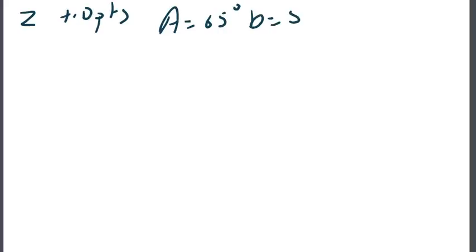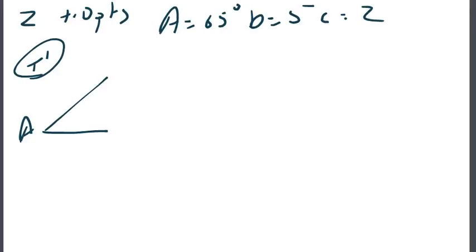So problem number 2, for 10 points, is a triangle ABC where A is 65 degrees, b is 5, c is 2. First point is for a sketch, so I would do that like this. Angle A is 65. Let's call this angle B and angle C. You can do it the opposite way if you like.